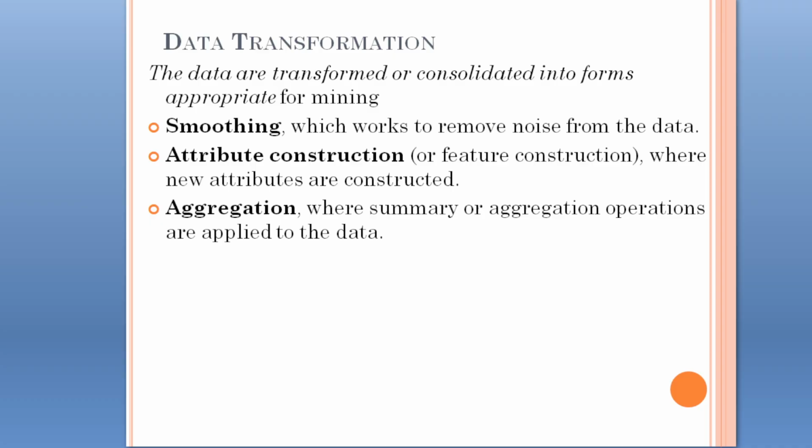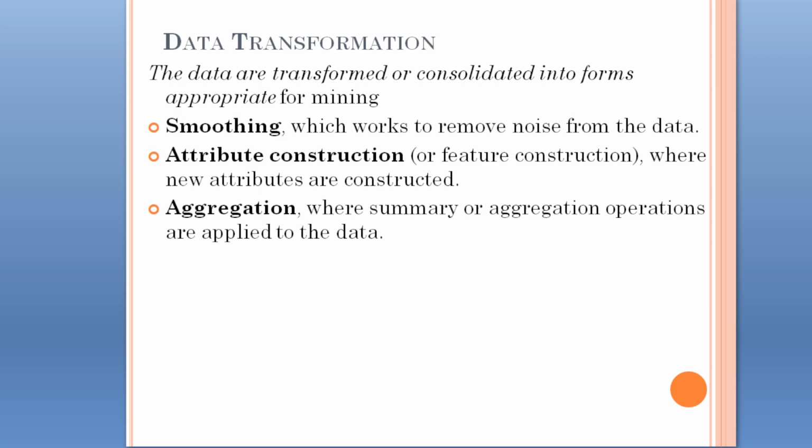The next method for data transformation is attribute construction, or we can say feature construction, where new attributes are constructed and added from the given set of attributes to help the mining process. The next method is aggregation, where summary or aggregation operations are applied to the data.